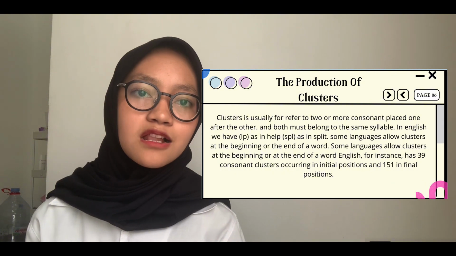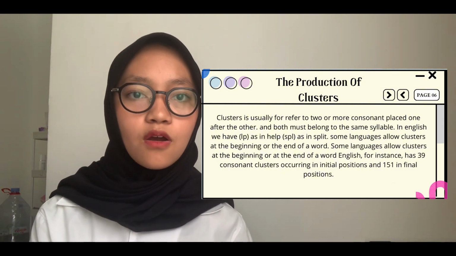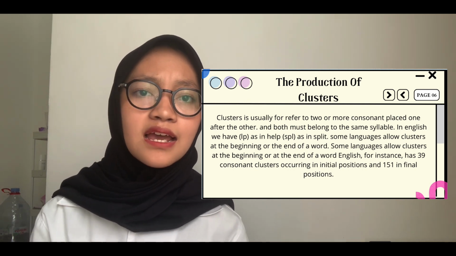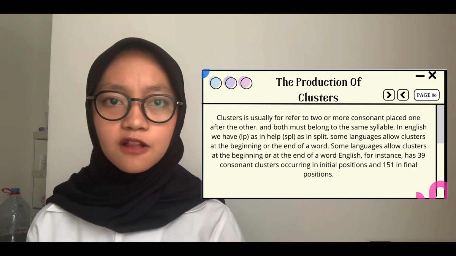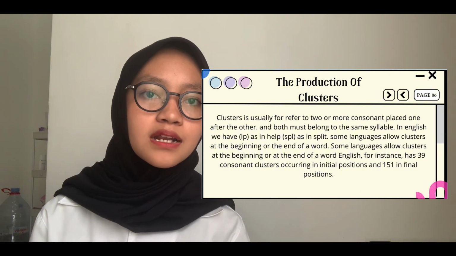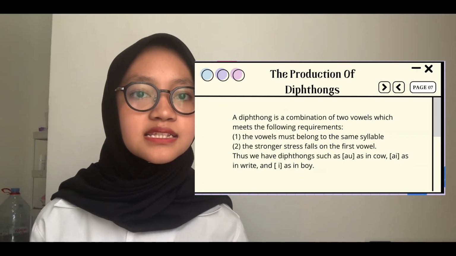English, for instance, has 39 consonant clusters occurring in initial position and 151 in final position.